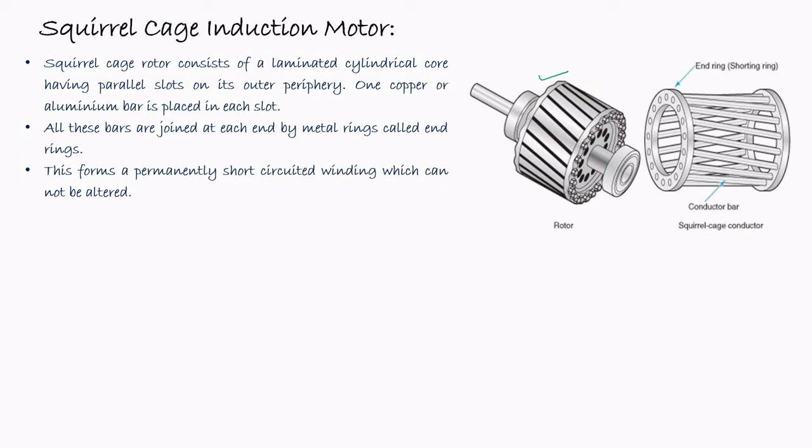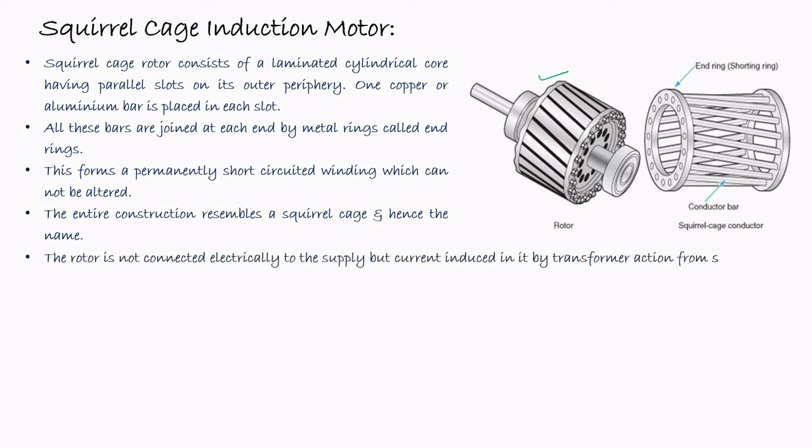So it is not possible in case of squirrel cage induction motors. Now, the entire construction resembles a squirrel cage, and that's why this type of rotor is considered as the squirrel cage rotor, and the corresponding machine is considered as the squirrel cage induction motor.